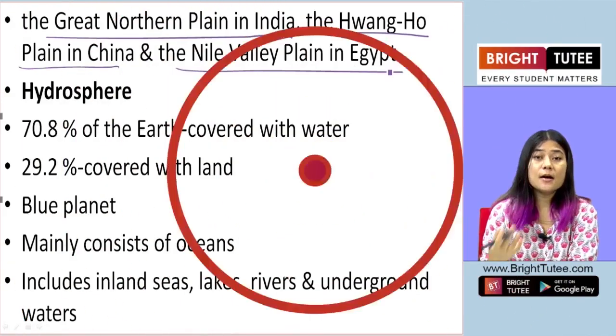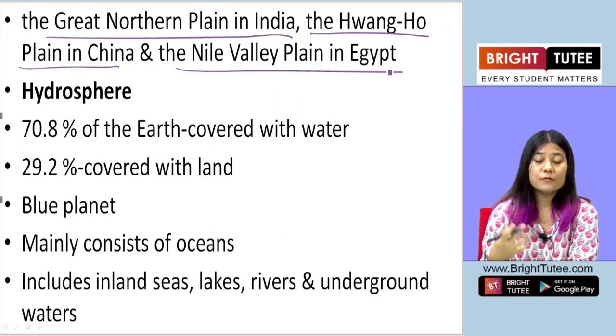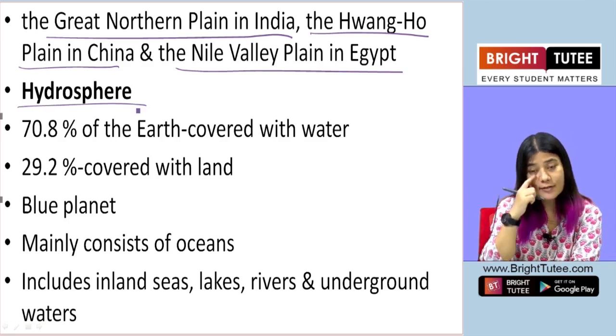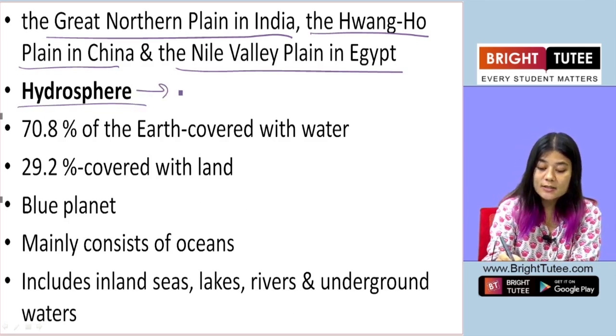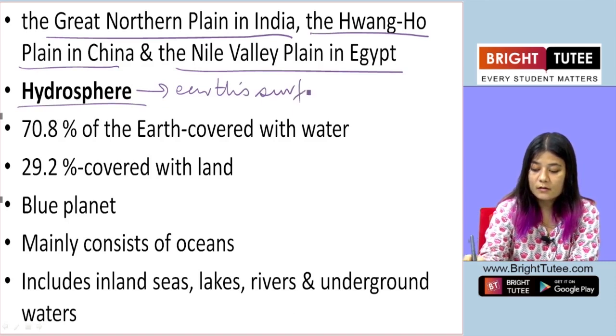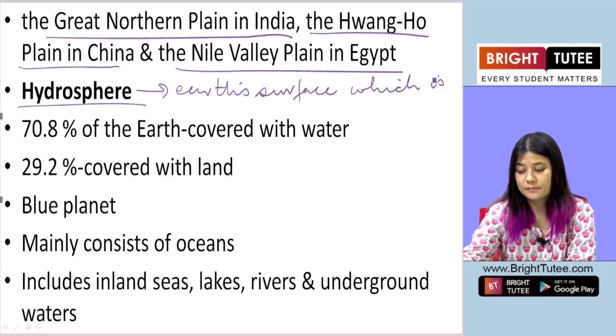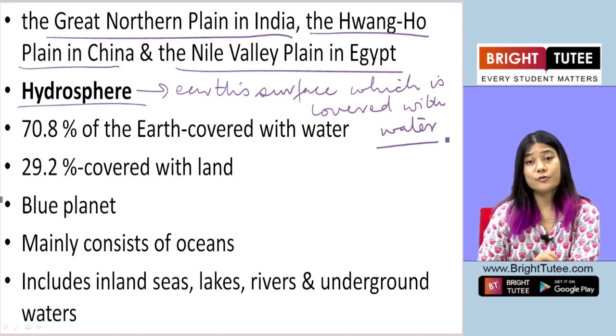Now let's look at another component of the planet Earth, which is hydrosphere. Hydrosphere is basically Earth's surface which is covered with water. So that is called hydrosphere.